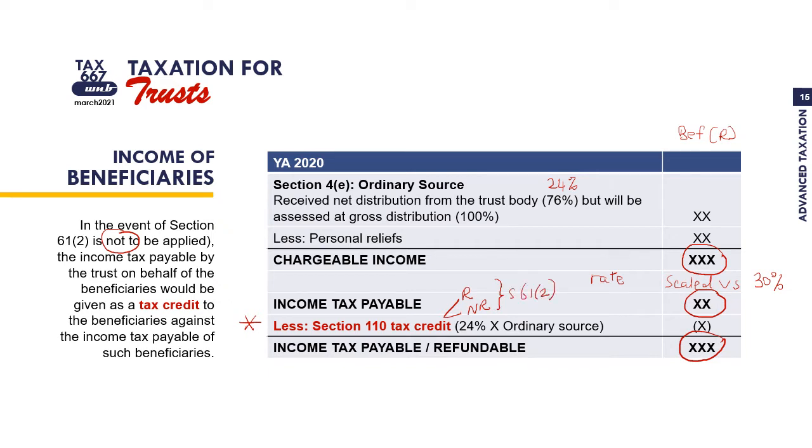So kita boleh katakan yang residency status tak menentukan boleh claim tax credit or not, sebab dua-dua pun boleh, resident boleh claim, non-resident pun boleh claim. Apa yang menentukan boleh claim tax credit adalah application of 61(2). Kalau apply, cannot claim tax credit. Kalau 61(2) do not apply, then waris boleh claim tax credit.